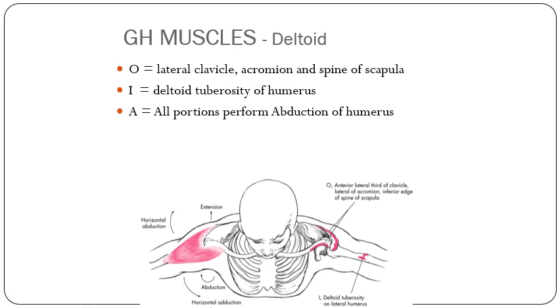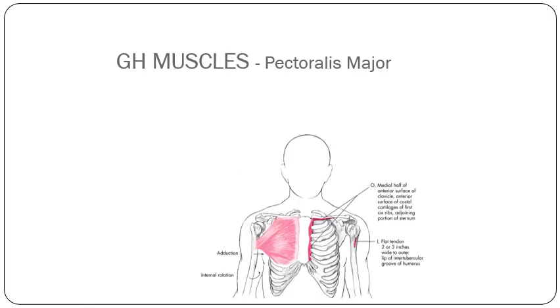And then the action is all portions perform abduction of the humerus. The anterior portion performs more glenohumeral flexion. So again, there are portions of the deltoid. The posterior portion performs glenohumeral extension.